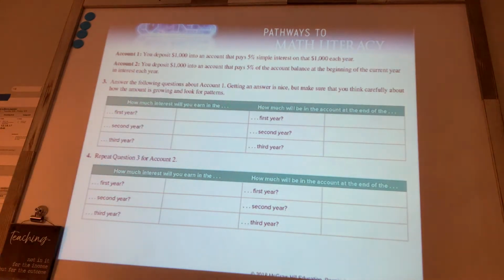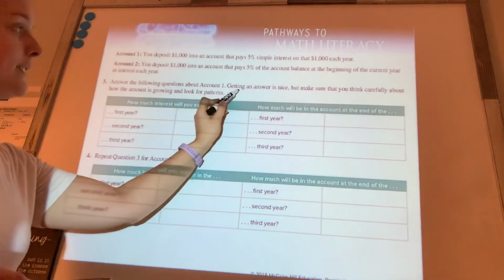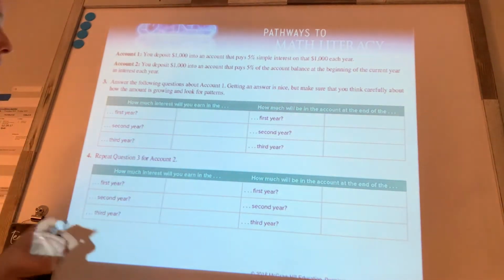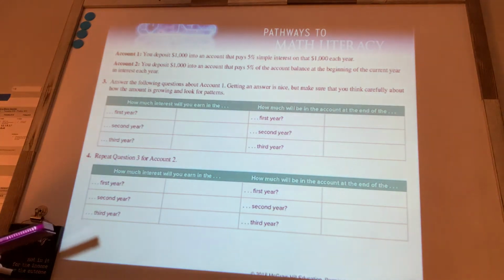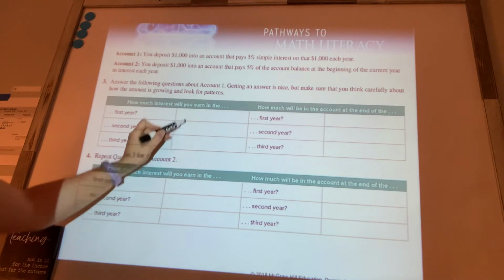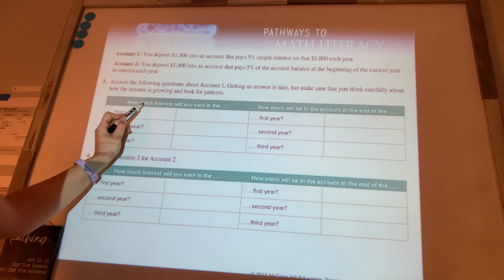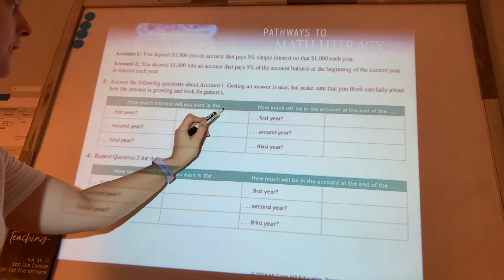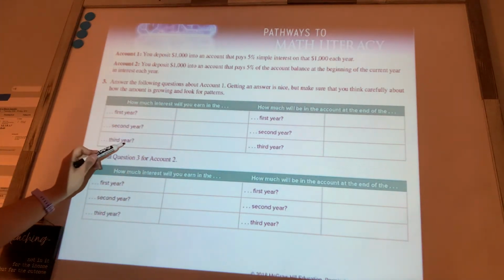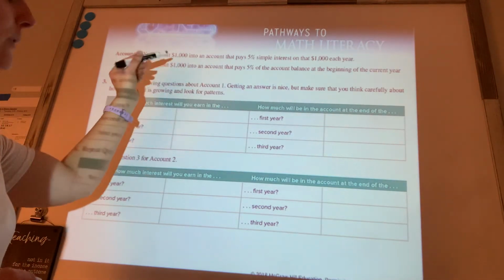All right, so for account number 1, it says getting an answer is nice, but make sure you think carefully about how the account is growing and look for any patterns. So this first column here of the blank table that we need to fill in, it says how much interest will you earn in the first year, second year, third year? Well, we're getting 5% off of $1,000.